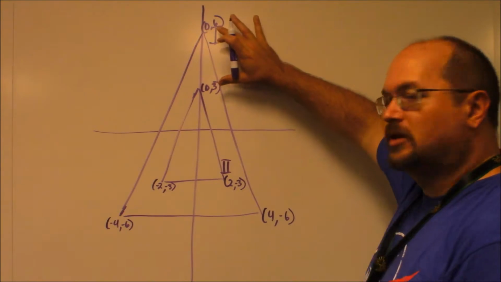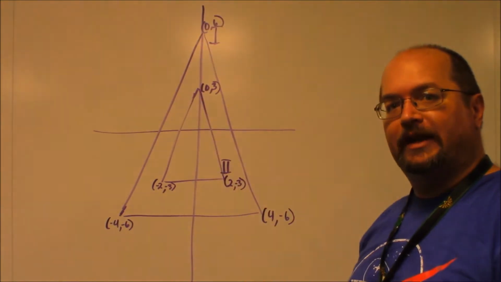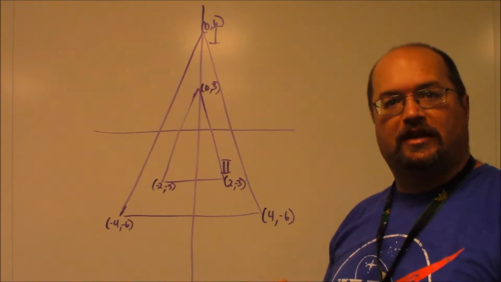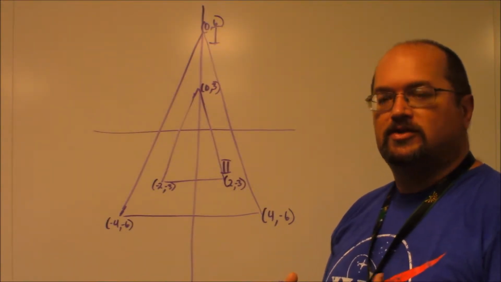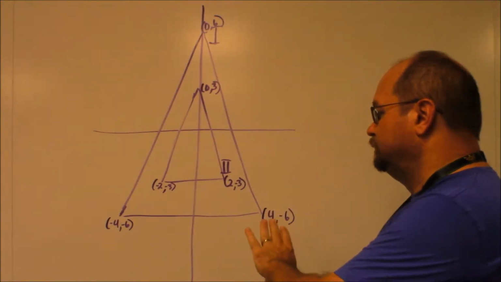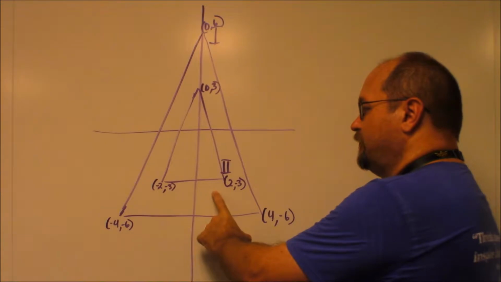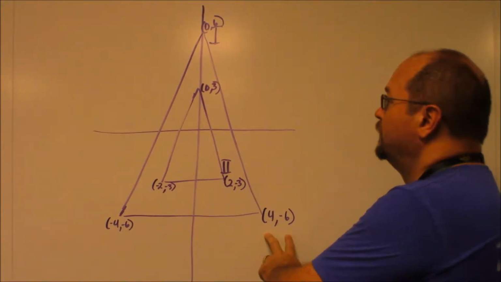I'm not going to start with these points up here because I have zeros involved. Since I'm multiplying, that's going to make it very challenging, because anything times 0 is 0. I want to have a rule for x and a rule for y. So I'm going to use this set of points here, which is 2, -3, and 4, -6.